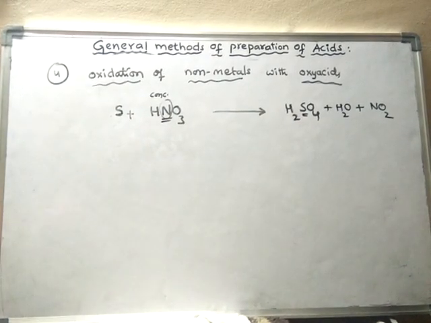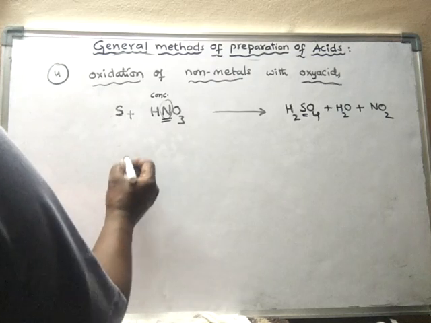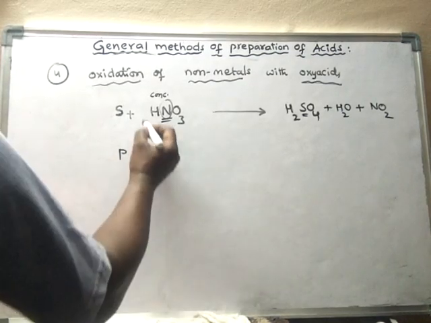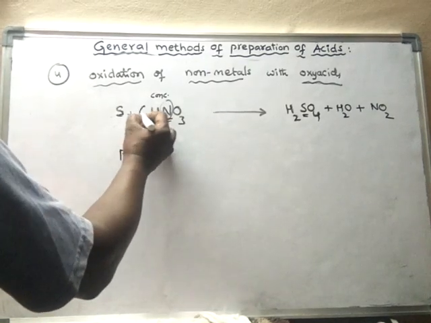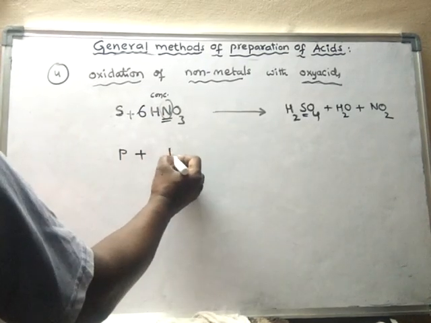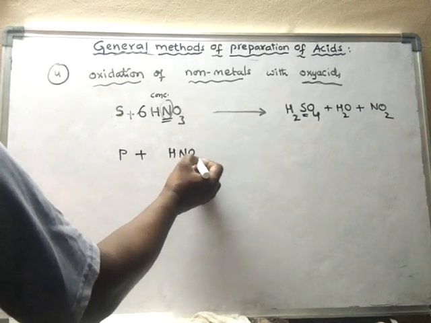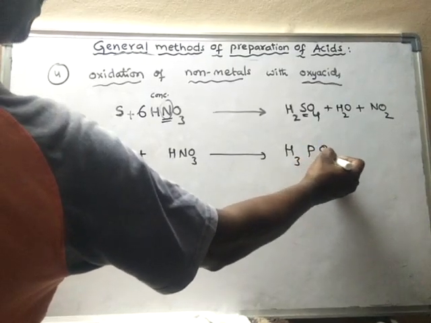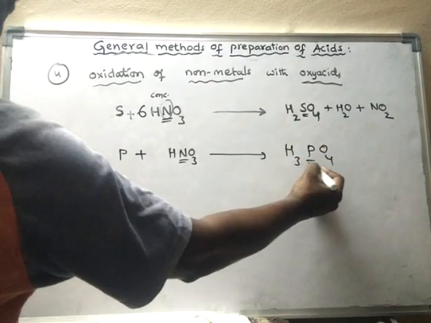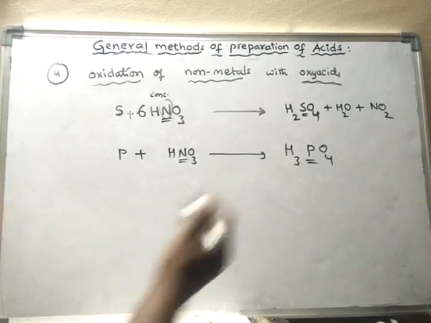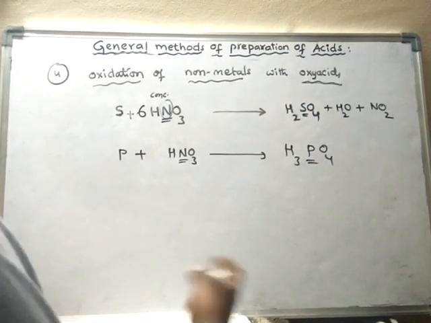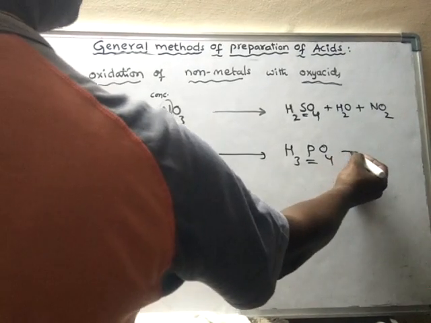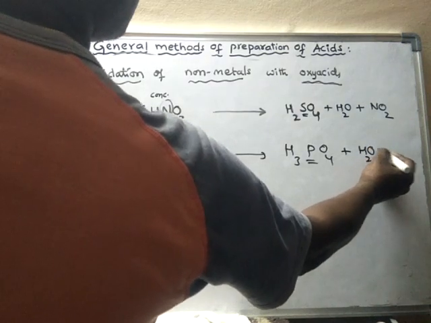Another example, take phosphorus. Phosphorus reacts with HNO3. If I balance, I will get 6 HNO3. When phosphorus is made to react with nitric acid, it forms H3PO4. Here nitrogen is replaced by phosphorus, and now we get another acid: phosphoric acid plus water plus NO2.